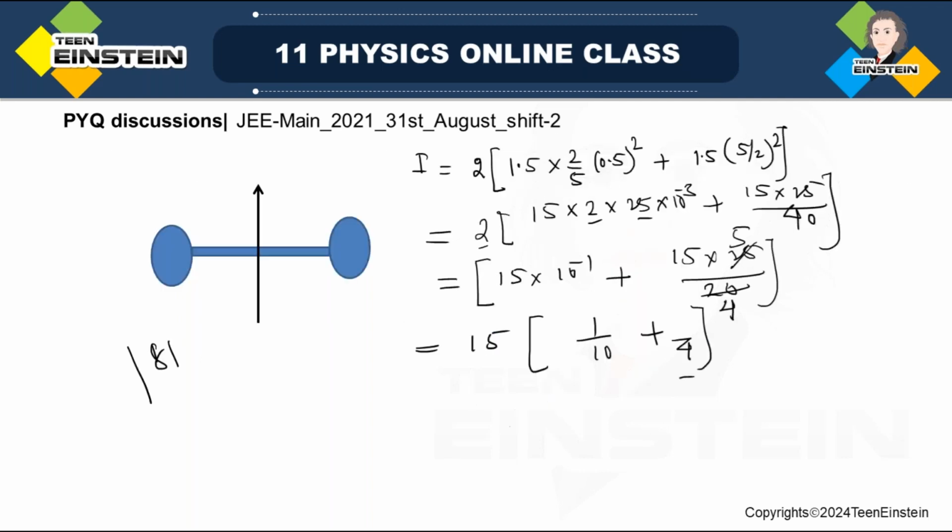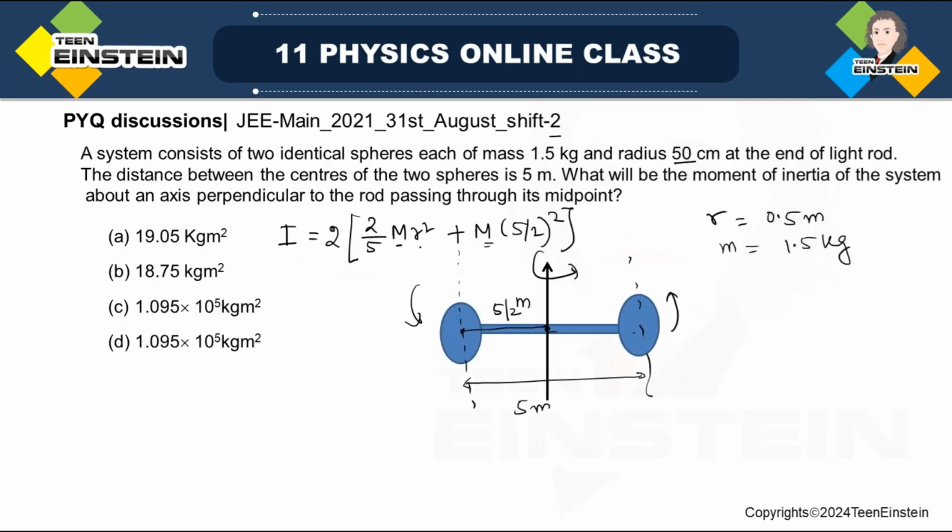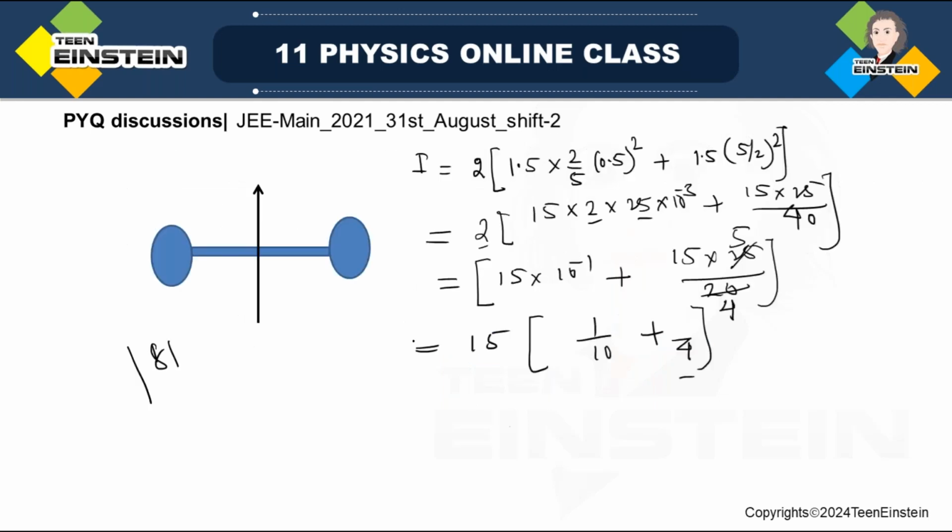Two by 5 mr square. Okay, 2 by 5 mr square. Fine. So 2 by 5 mr square. This is mr square plus mr square. Mx square.